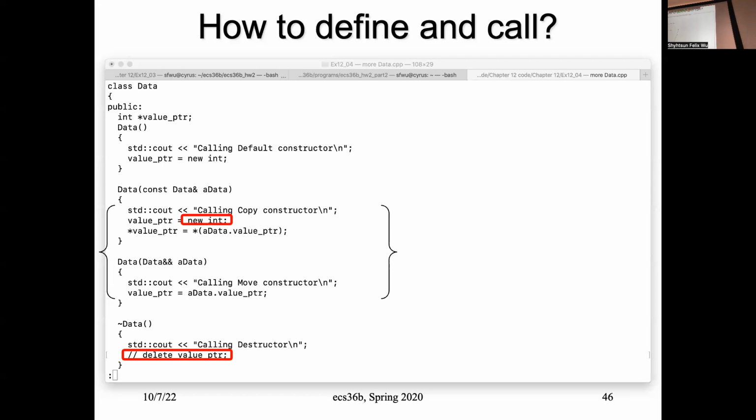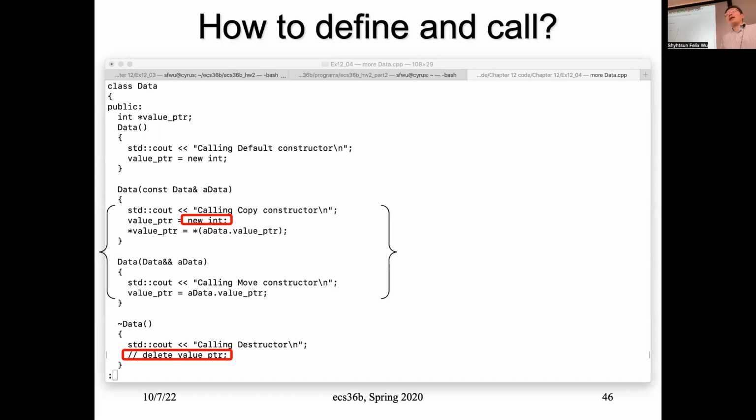There are two things I do want to mention. If you use new to construct an object, and that object doesn't include any pointer, then when I delete it, I have no issue. But in this case, this is class data, and inside the class data I have a pointer as an attribute inside the object.